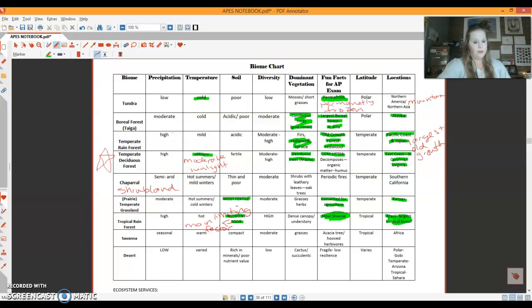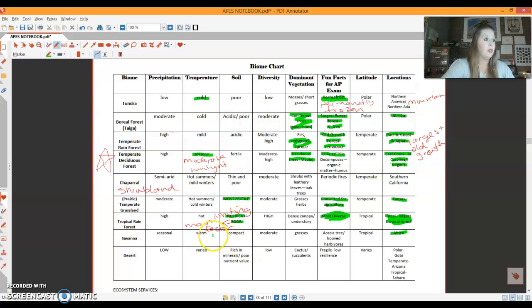All right. The next one we have is the savanna. Savanna I really love. I think it's super cool. There's so many different things that go on there. The savanna is obviously going to be a warm location. It is going to be in Africa. It's the only place we have a savanna is in Africa. Let's see, what do we need to highlight?